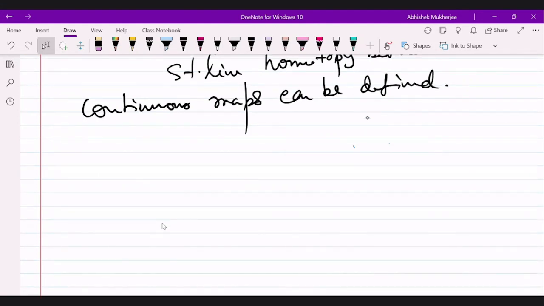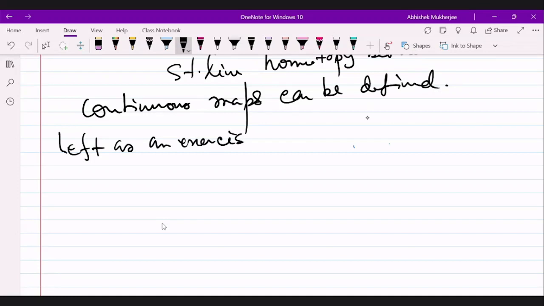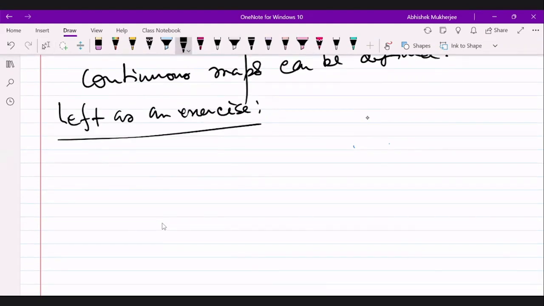Now I'm going to give you some exercises which will be needed in our future discussions. These are left as an exercise, but we will need these properties in future. So the first one is a very important one.